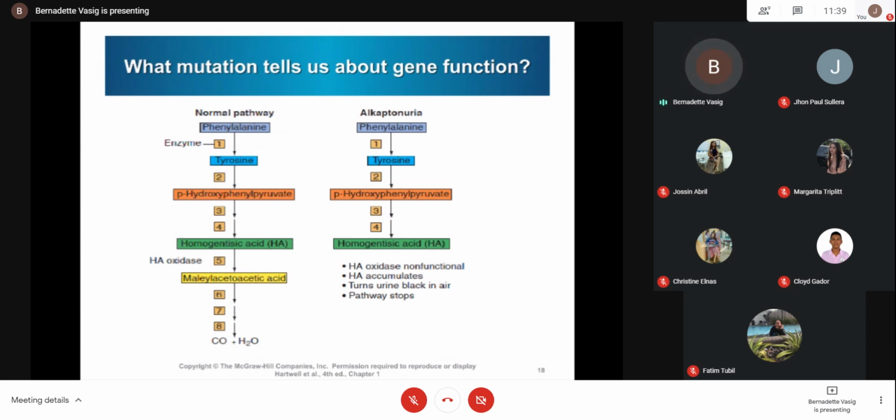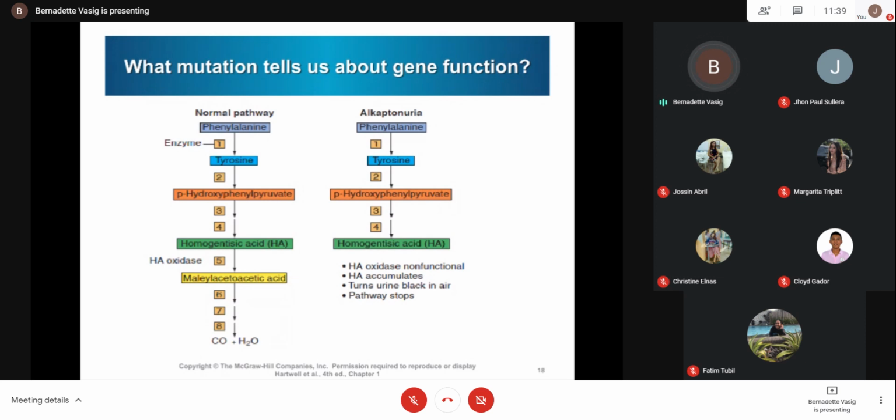So in the normal pathway, there is presence of phenylalanine and then enzyme 1, okay, production of tyrosine, and then another enzyme, and so on and so forth. So which enzyme causes abnormality?